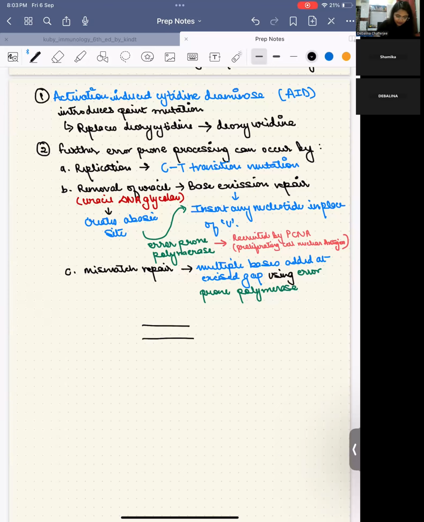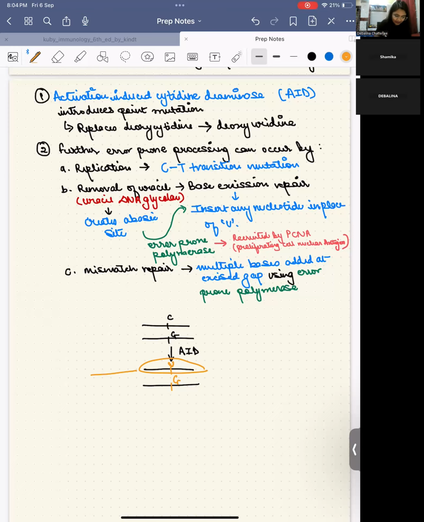This is a C residue, and with C we usually have the pairing of G. But now this C, because of the action of AID, we have the C converting into a uracil residue, right? And a G residue. Now, when this particular strand enters the process of replication, we will have these two strands separate out.